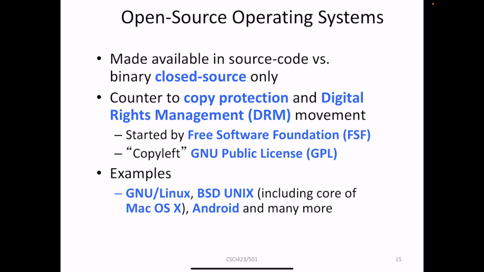Beyond those details, you can add new features to the operating system as you want, or customize it as you need. Also, the open source operating system is free of charge.